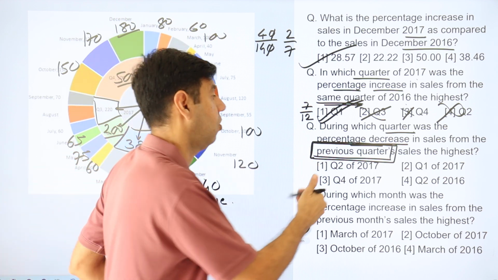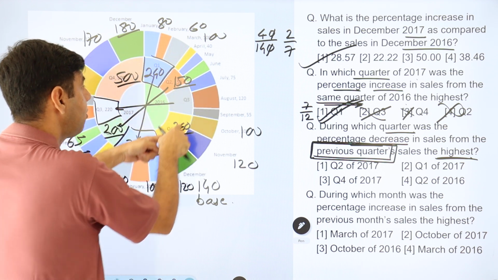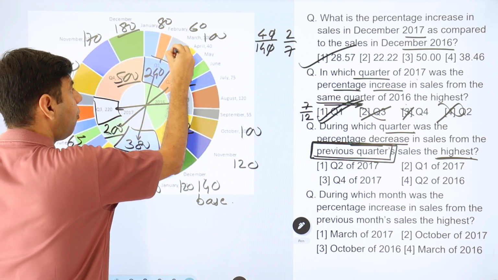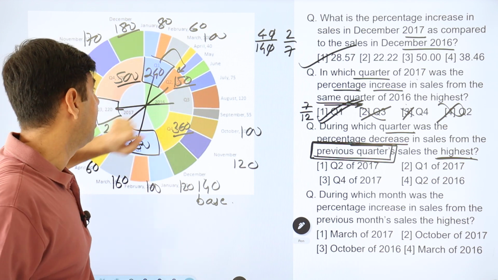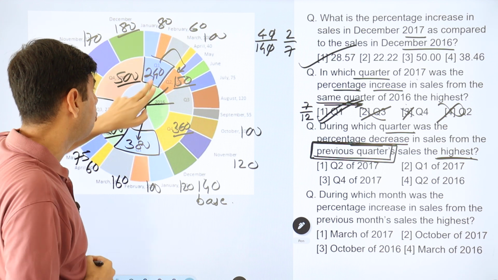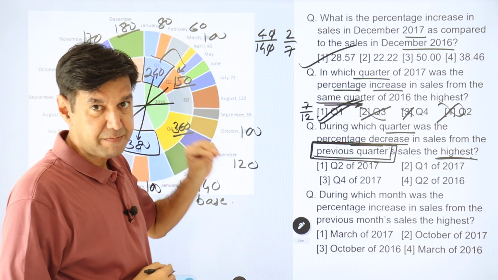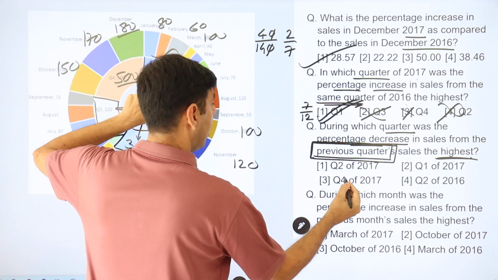We need the percentage decrease to be highest. So you're going to go sequentially. So obviously from 240 we went to 150. That's a nice decrease of 90 on 240. 9 by 24, 3 by 8. So that should be one of the options.